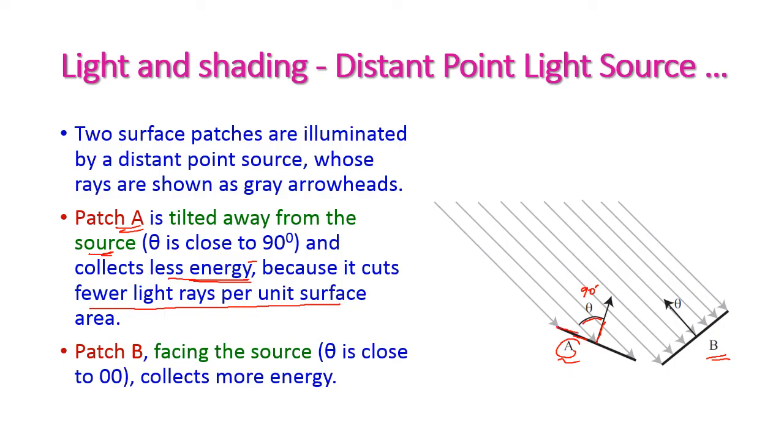From this unit surface area it collects only 2 light rays, for example. Patch B is facing the light source, the light angle is almost 0 degrees, hence it collects more light energy.